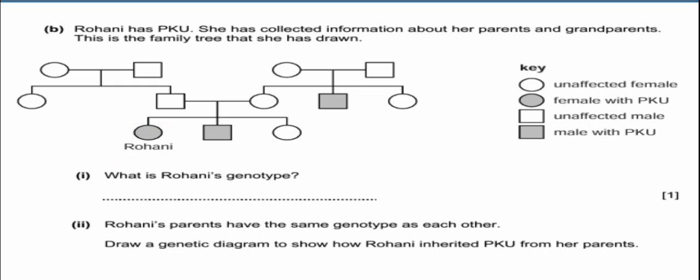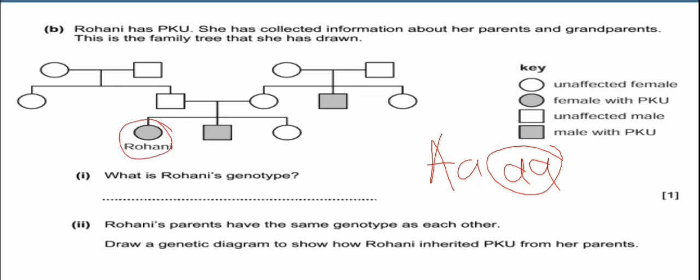Now, which alleles are we going to use here? Are we going to use capital letter A and small letter a, or small letters a, which is homozygous recessive? Since this PKU is caused by a recessive allele, and Rohan here is having PKU, Rohan is going to have homozygous ones, which is small letters a.